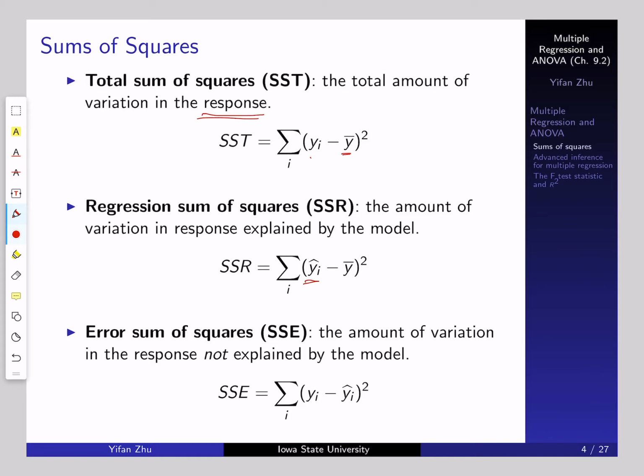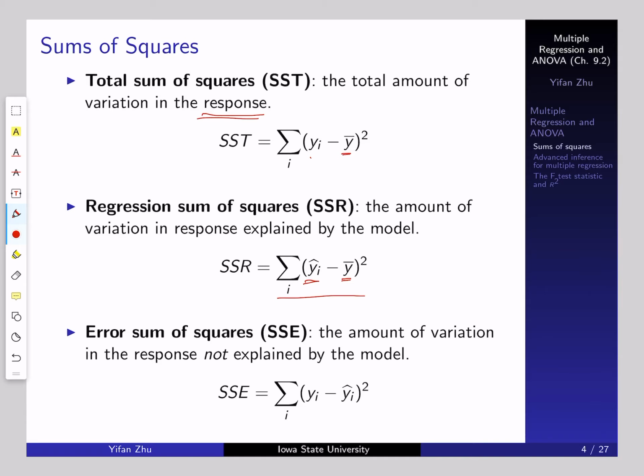So we have the fitted response y hat by plugging the xi's into the fitted regression line or the regression surface, and y bar is also the center. So this is the variation explained by the model. And the last one is the error sum of squares, SSE.